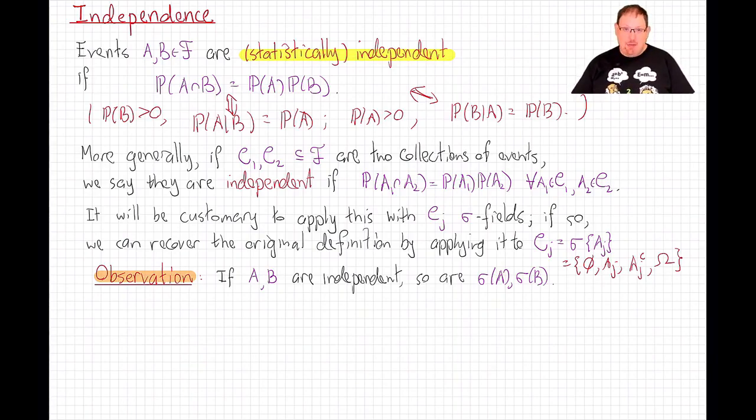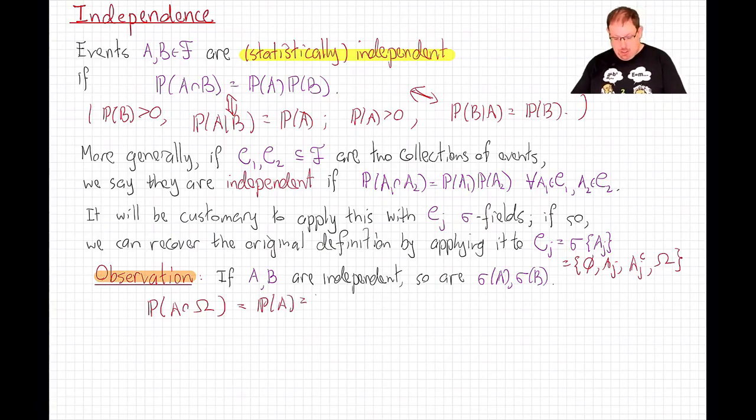Let's hold A fixed and vary elements of the sigma field generated by B. The probability of A intersect the whole sample space, well, A intersect the whole sample space is just A, so that's the probability of A, which is the same as the probability of A times 1, which is the probability of A times the probability of the whole sample space. Therefore, the sample space is always independent from everything.